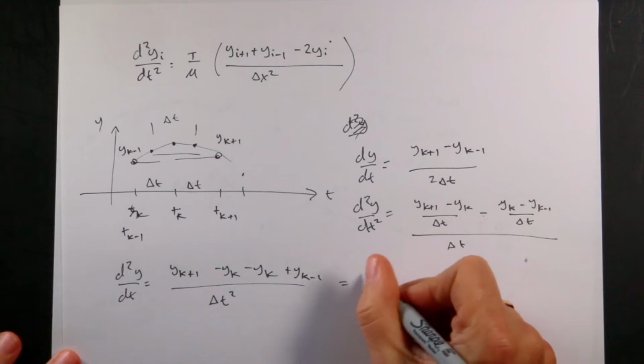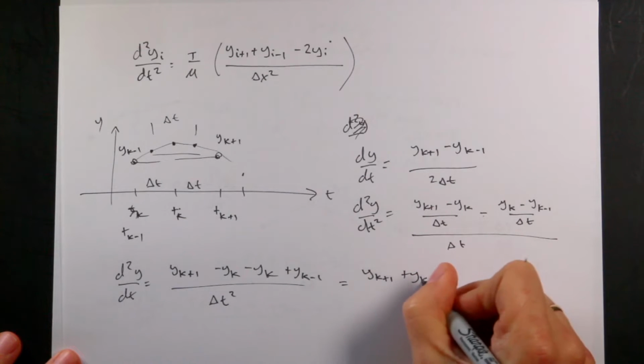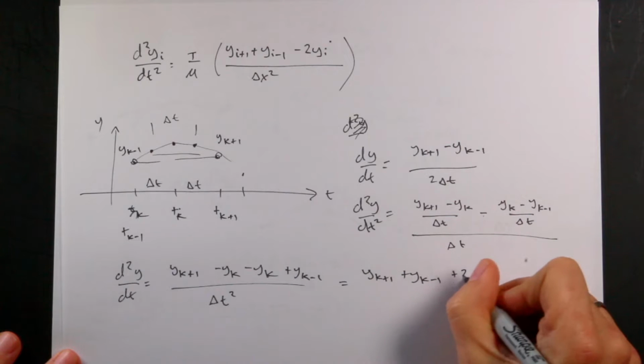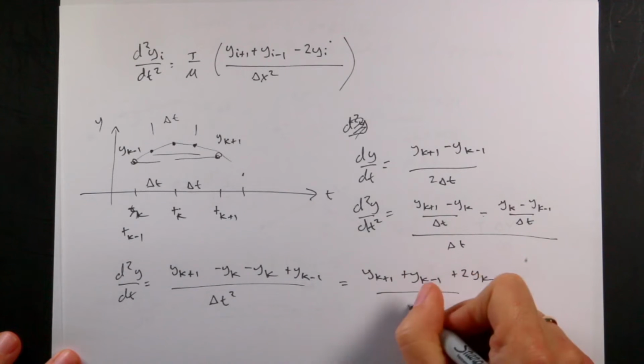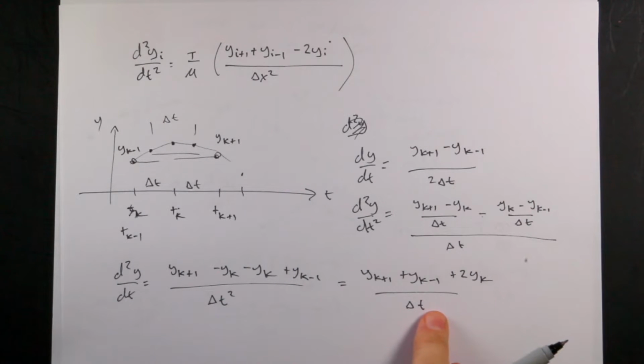This gives me yk plus 1 plus yk minus 1 minus 2yk over delta t squared. I actually have 2 indices for y, an i and a k. But that would be my second derivative with respect to time.